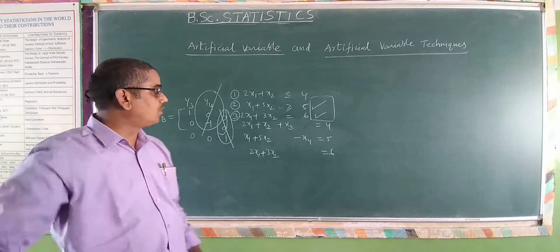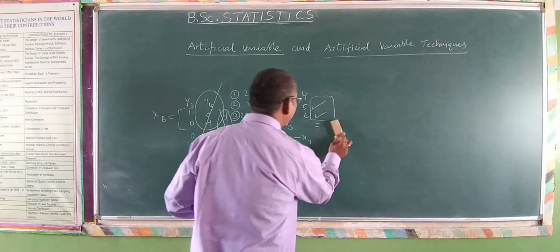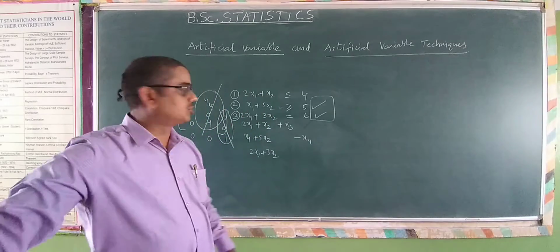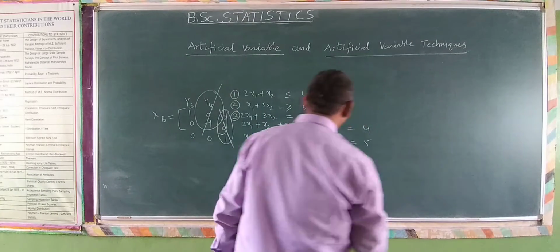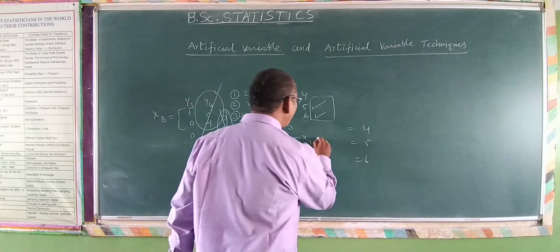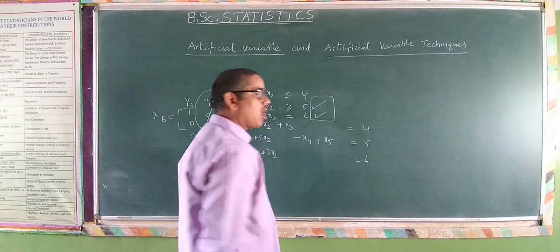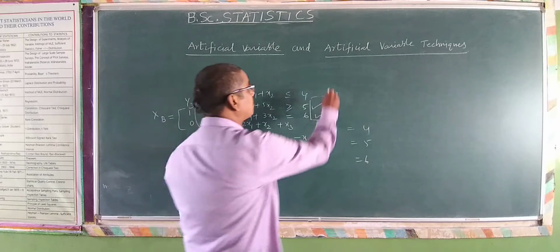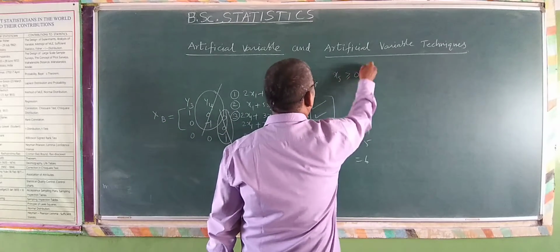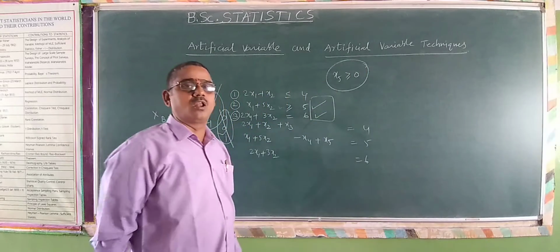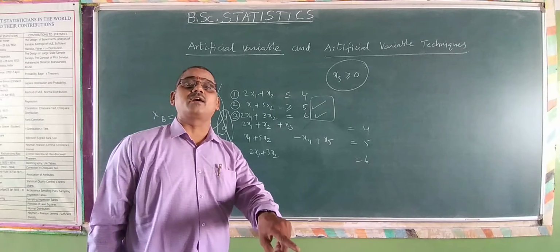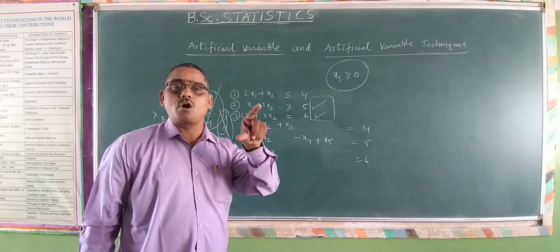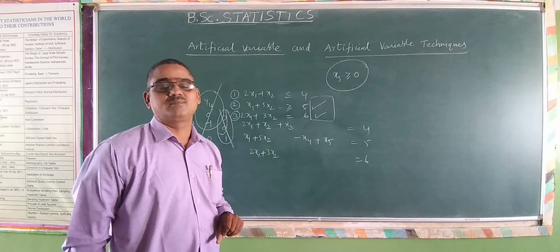For example, we introduce an artificial variable, that is x5, a non-negative variable, x5 greater than or equal to 0, in the constraints 4, 5 and 6. It is called an artificial variable, which is provided to give an initial basic feasible solution.